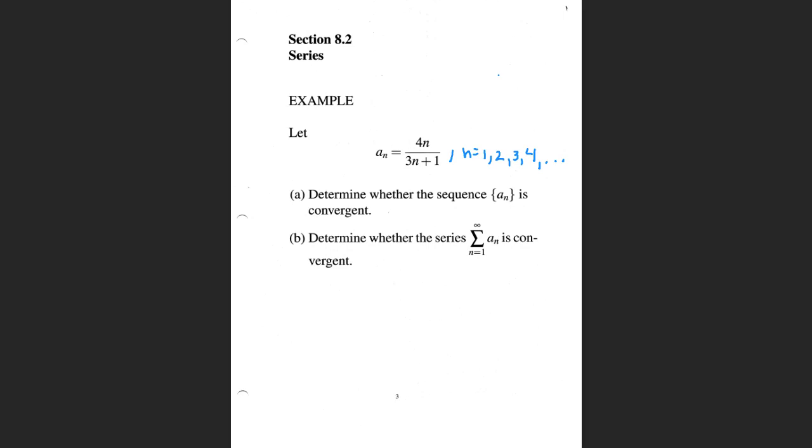So in part A, we want to determine if the sequence is convergent. In part B, we want to determine if we add the terms of this sequence, will the series then converge? Okay, that's what we're going to do.